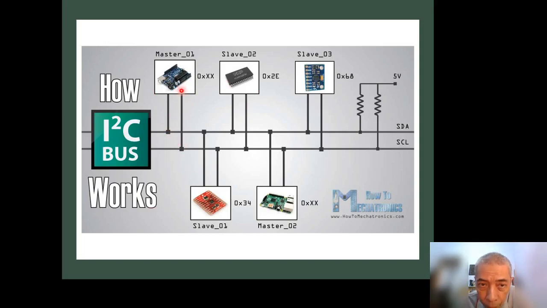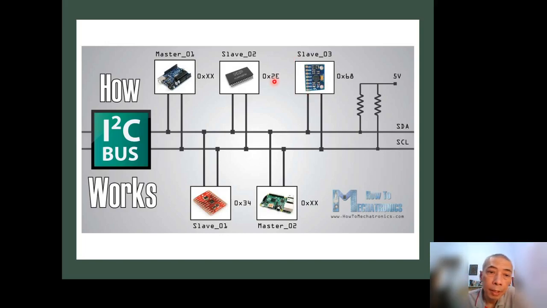There are 2 masters right here, maybe Arduino or Raspberry Pi, using some addresses. And we have 3 slaves: the first is a sensor, the second is maybe an EEPROM or memory storage, and the third is some other sensor.